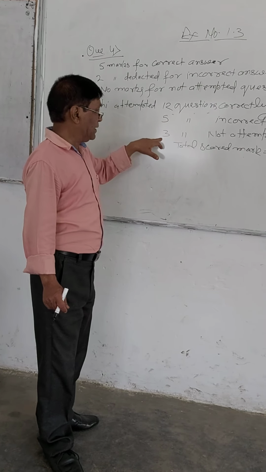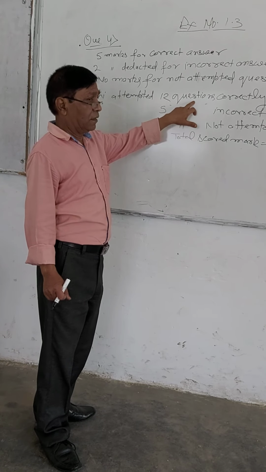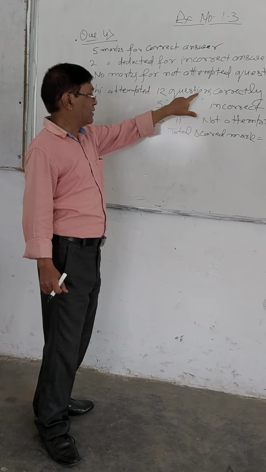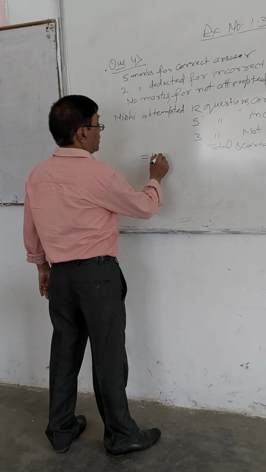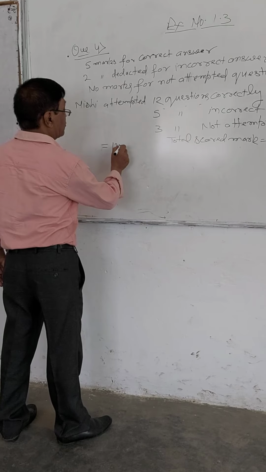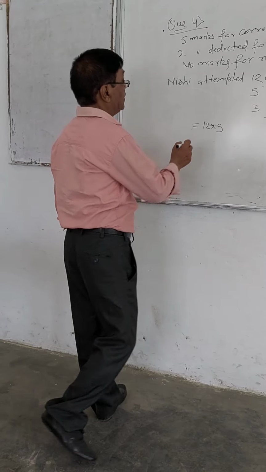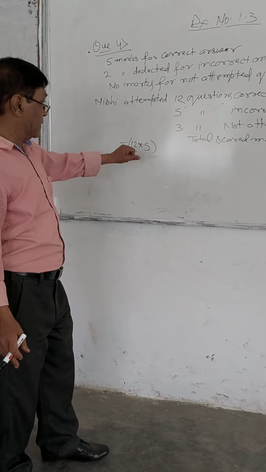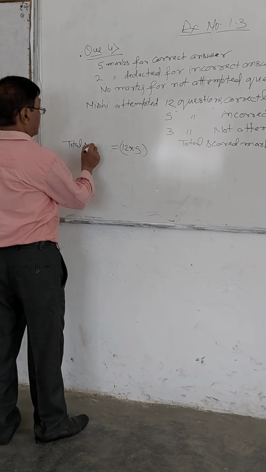Now 3 not attempted, 5 incorrect answers and 12 correct answers. As it is already given, for each correct answer how much will he get? 12 into 5, for each question he is getting 5 marks. Total score you have to find out.